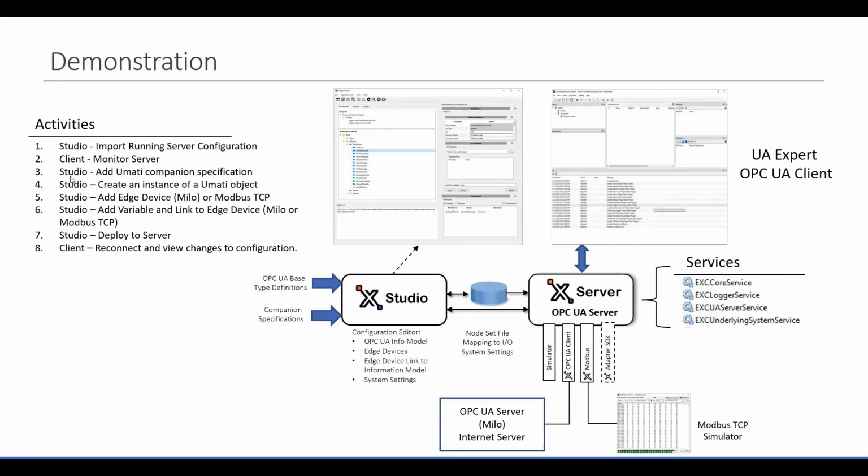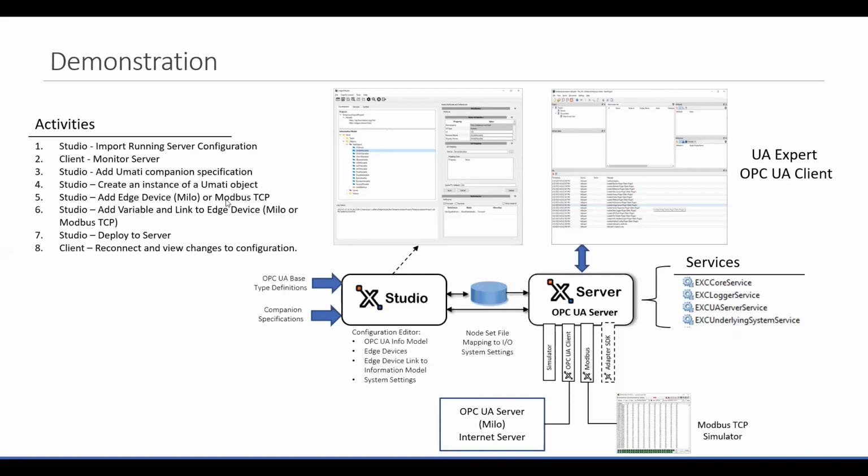Then I will go ahead and get the umati companion specification and the node sets that are publicly available on the internet. Once I import the companion specification, I will then create an instance of a umati object, like a tool, a machine, some sort of equipment that is modeled after the standard. Creating an instance will allow me to map some of the variables of that instance to some I/O.